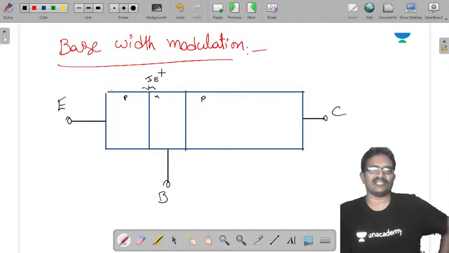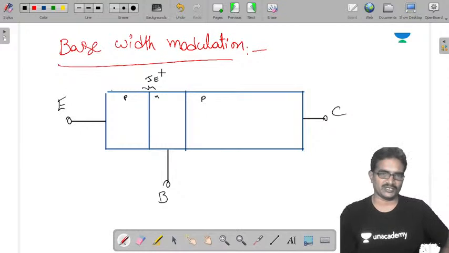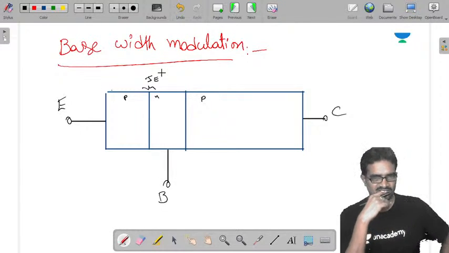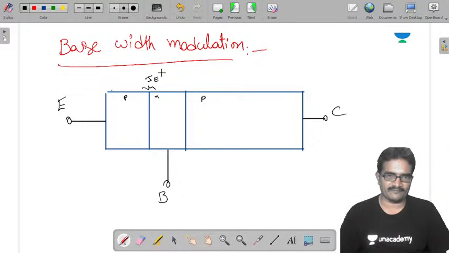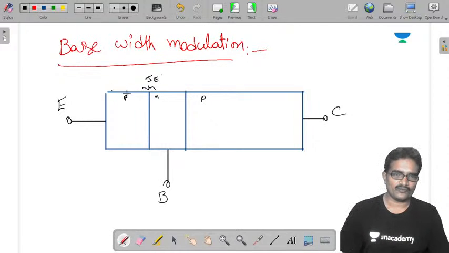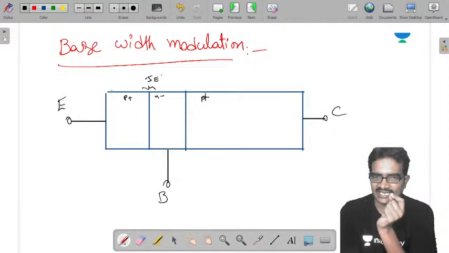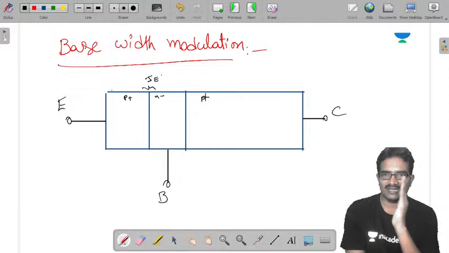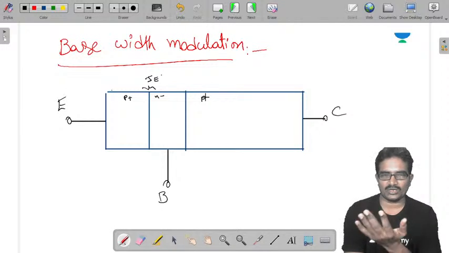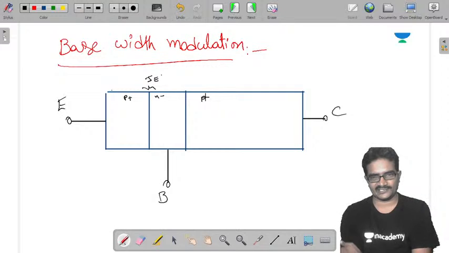Emitter junction is by default forward biased. When it is forward biased, no need to worry about depletion region width. One more thing, we know emitter is heavily doped, base is lightly doped, and collector is moderately doped. If you compare the doping levels of collector and base, collector is doped more compared to the base region.